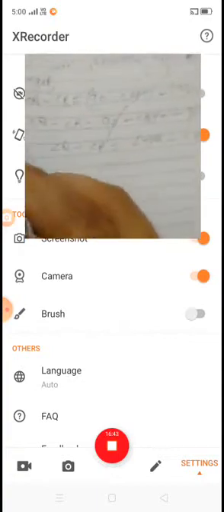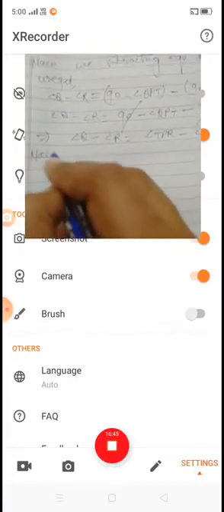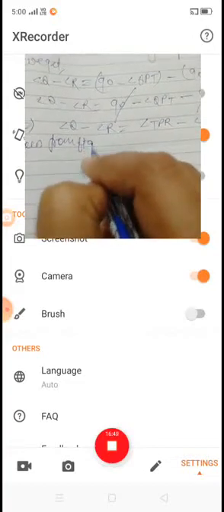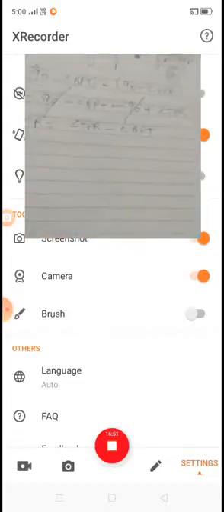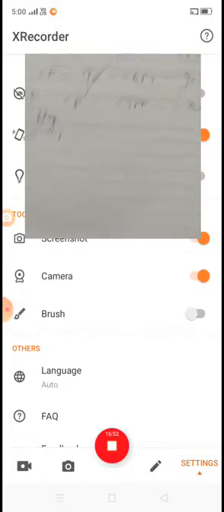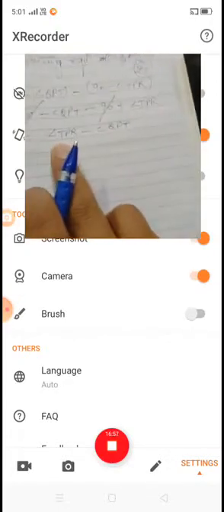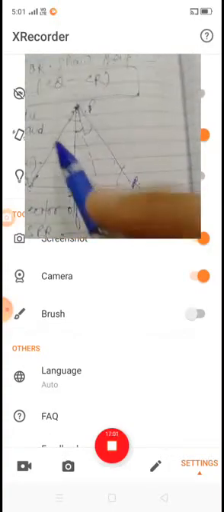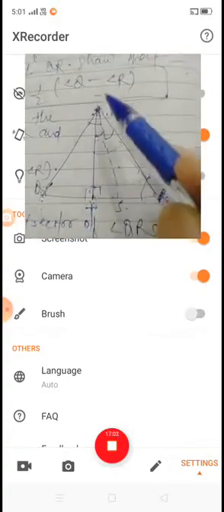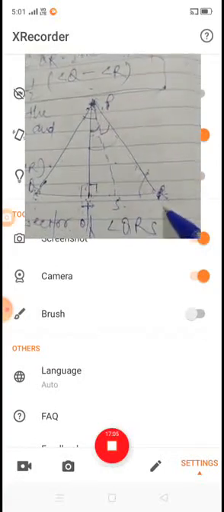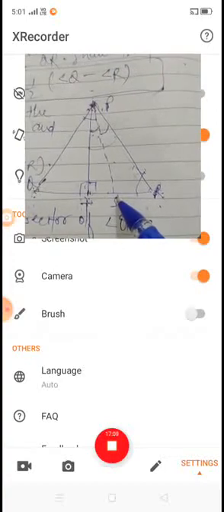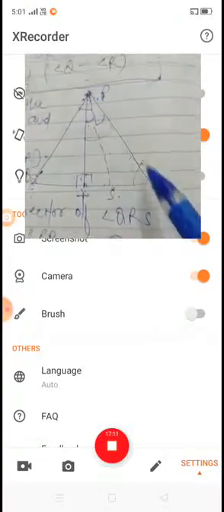Now from the figure, we can write angle TPR as angle TPS plus angle SPR.